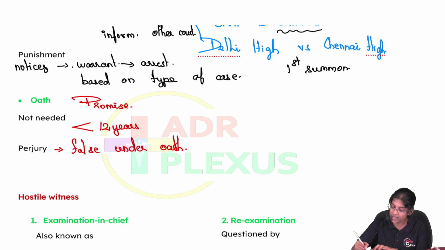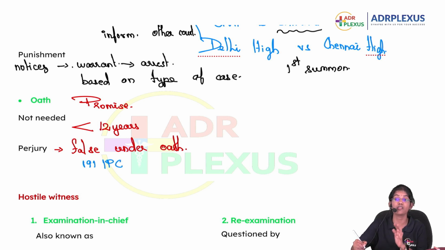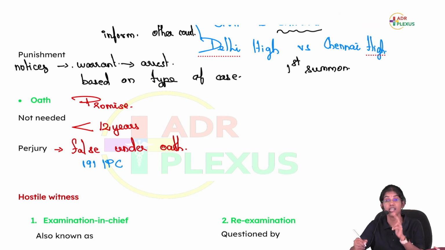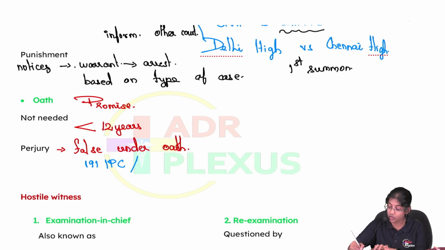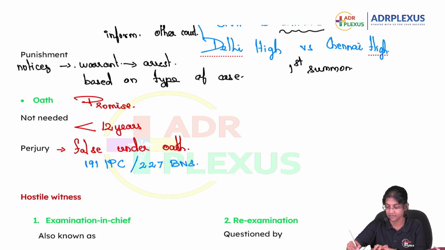So that's why they defined perjury separately in 191 IPC. Perjury is an offense which requires voluntary intention. The definition is given in 191 IPC, which is today 227 BNS.